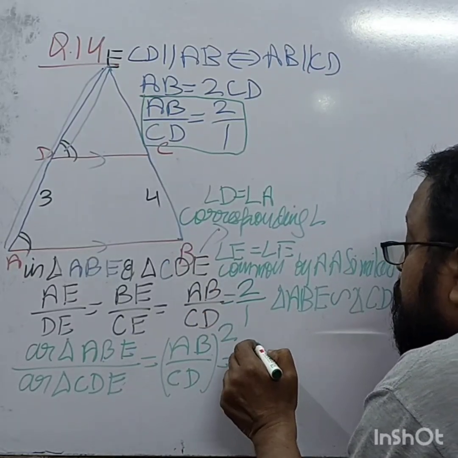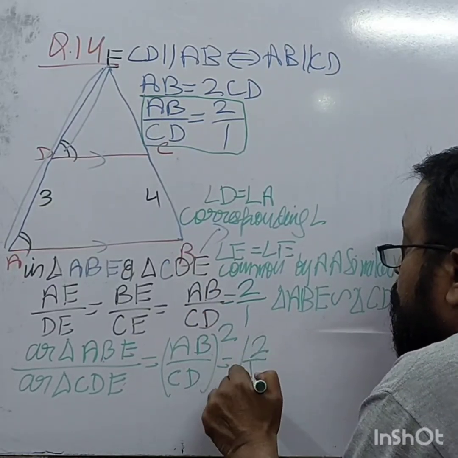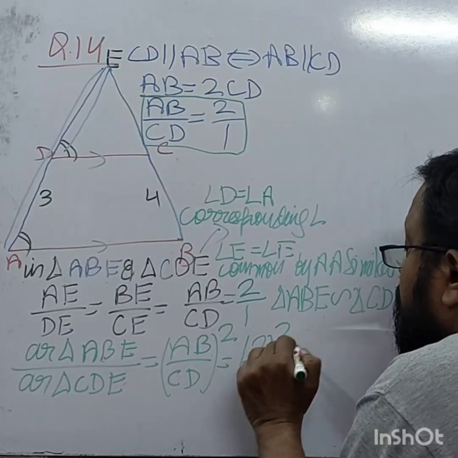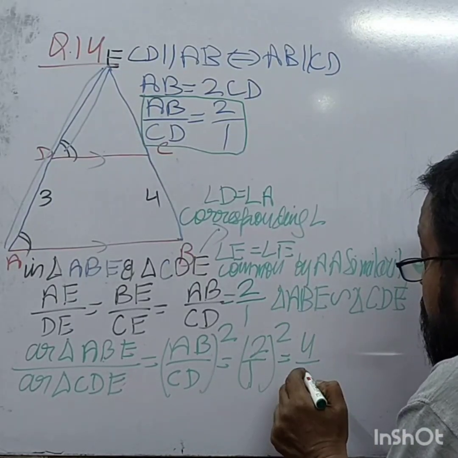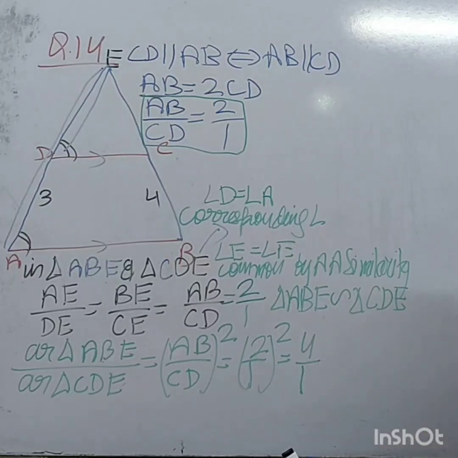It becomes 2 upon 1 whole square. It becomes 4 upon 1. You get it? 4 upon 1, right?